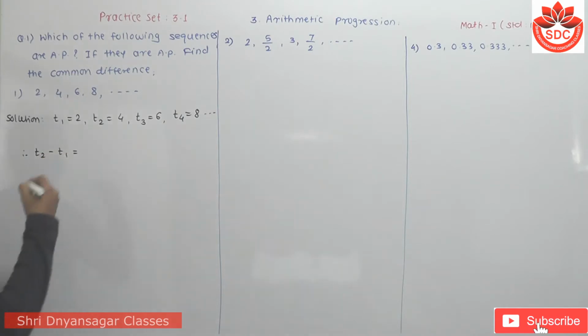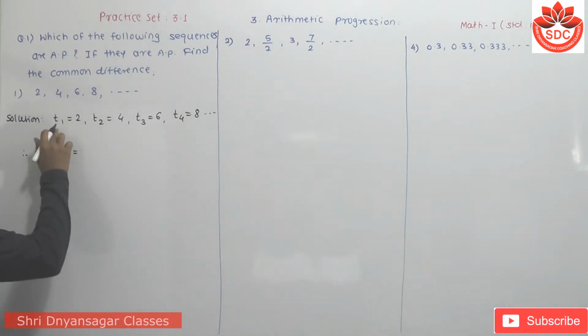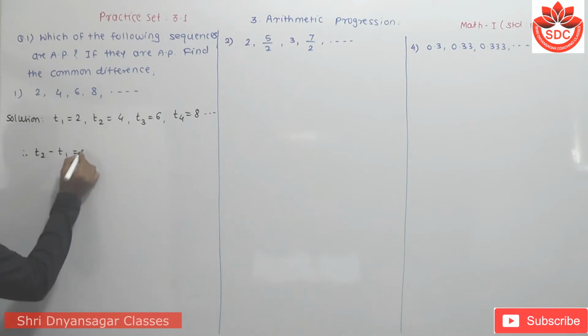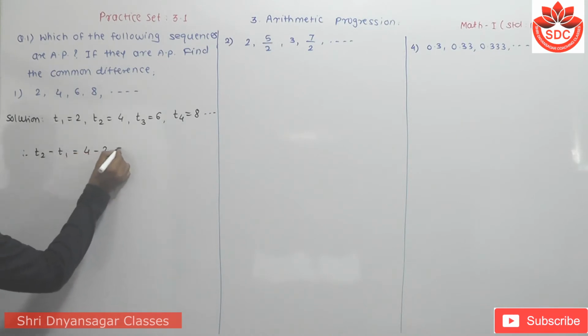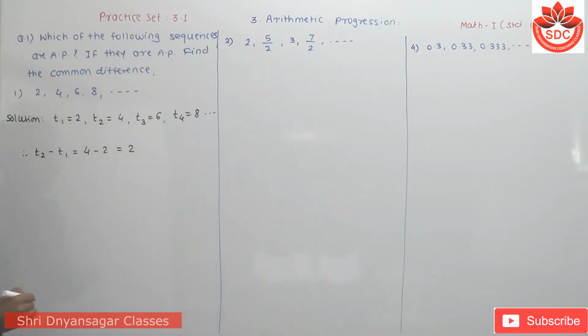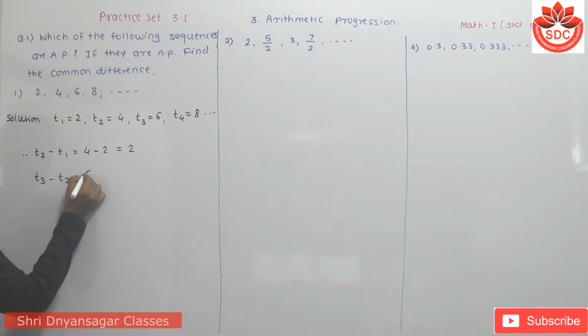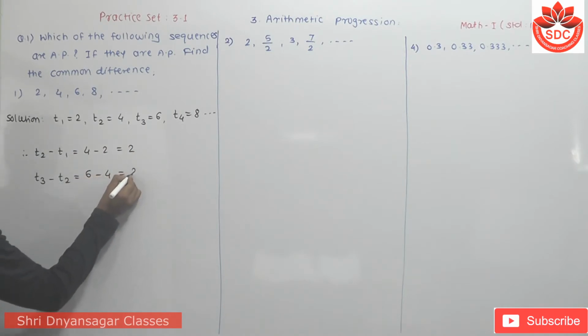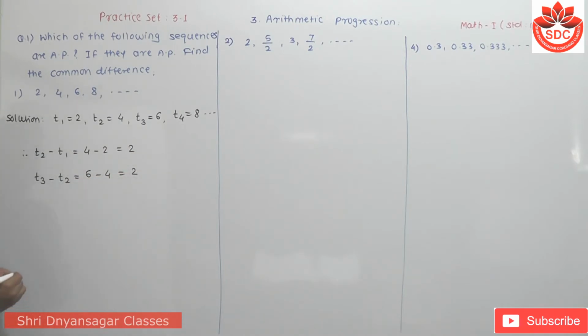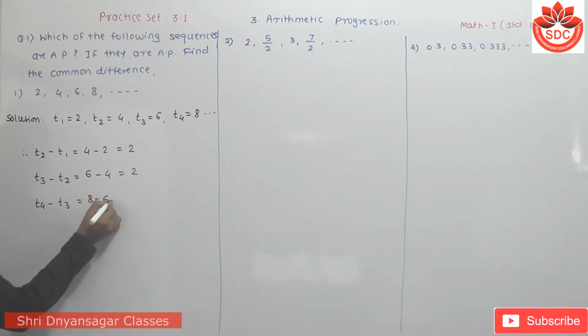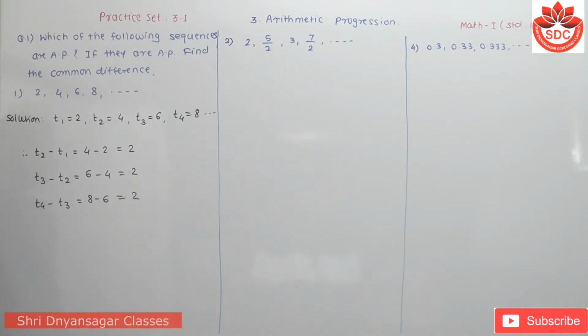You have to subtract smaller from bigger, so 4 minus 2 is equal to 2. Then t3 minus t2 is 6 minus 4, which is also 2. Next, t4 minus t3 is 8 minus 6, which is also 2.